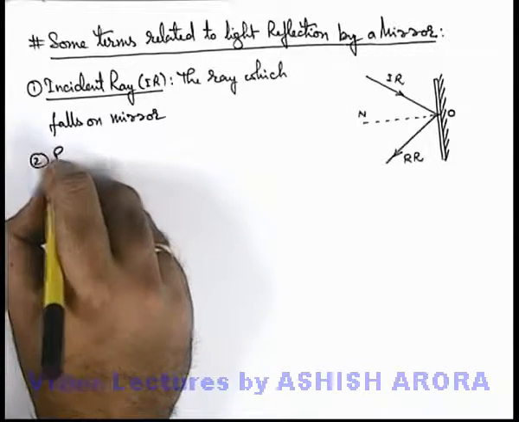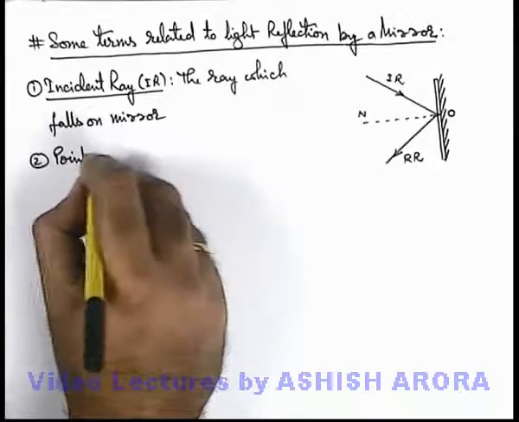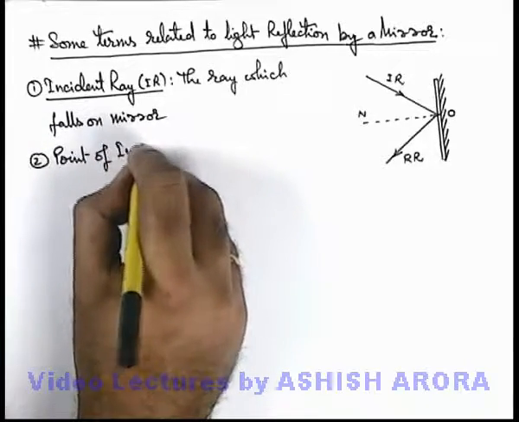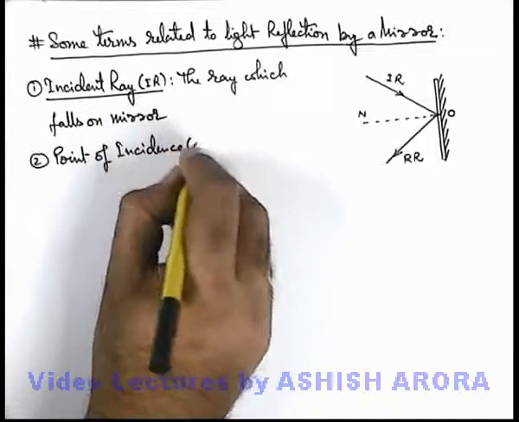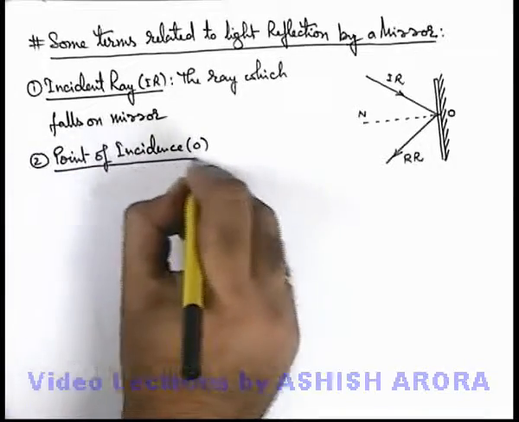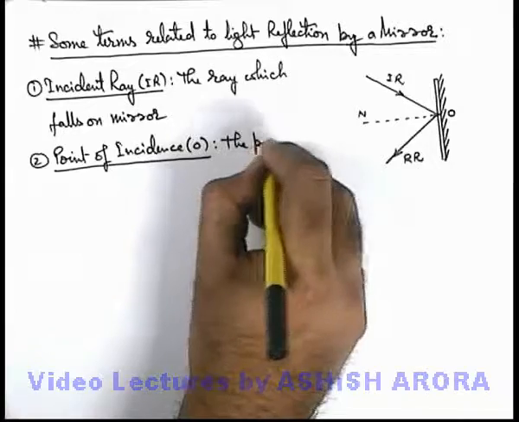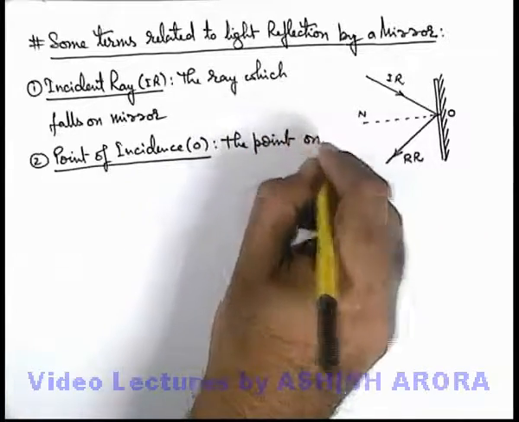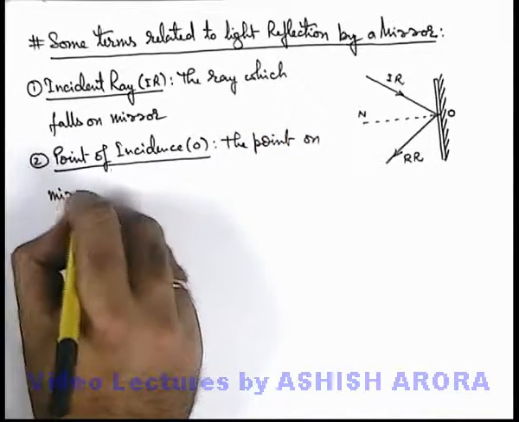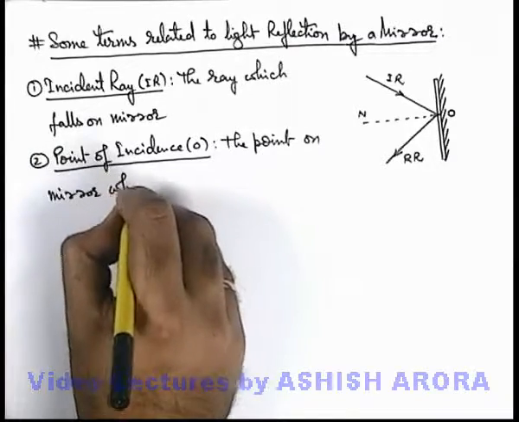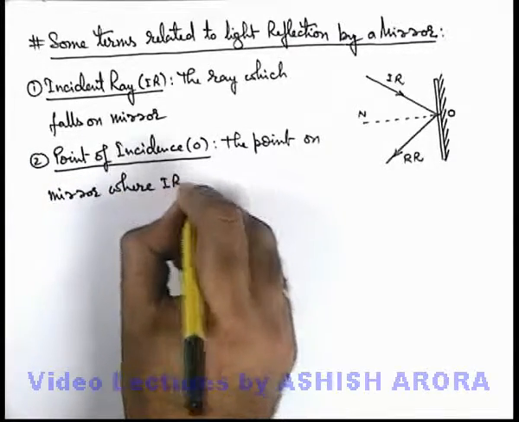The next term we can define is the point of incidence, which we are denoting here by O. It is the point on the mirror where the incident ray falls on it.